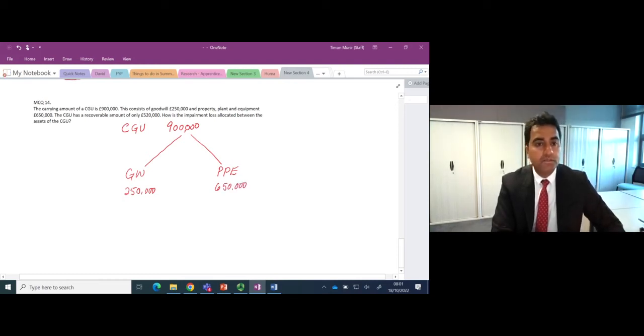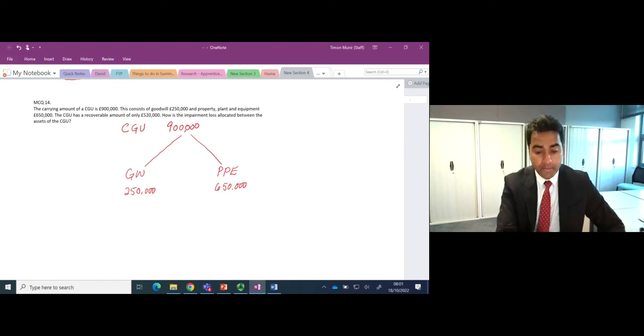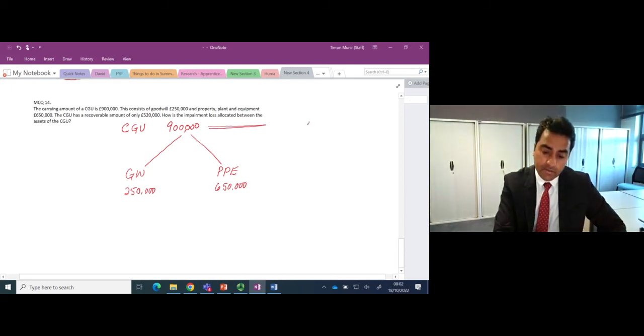Now we have been told that the recoverable amount of cash generating unit is 520. So this 900,000 value has dropped down to 520,000 pounds.